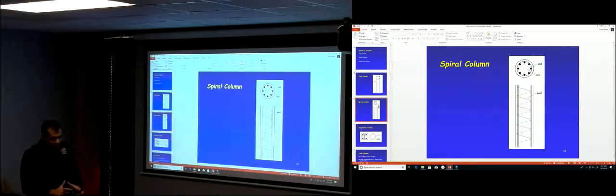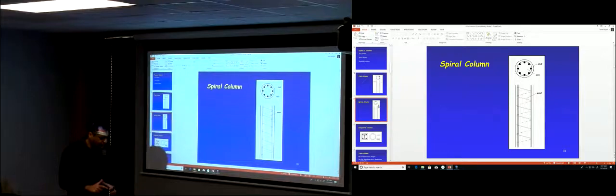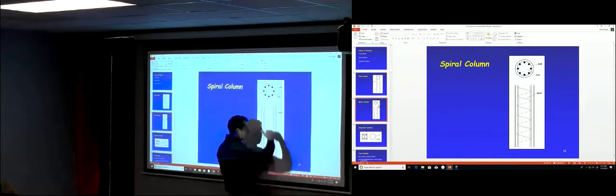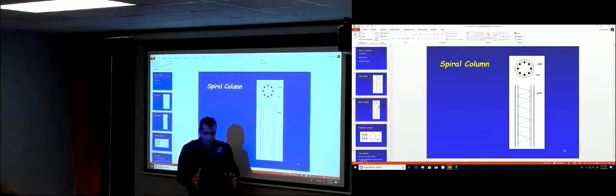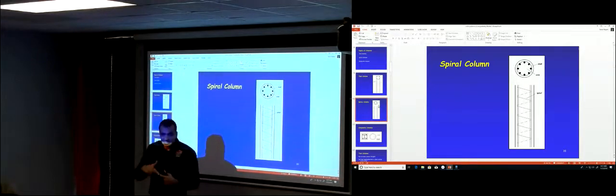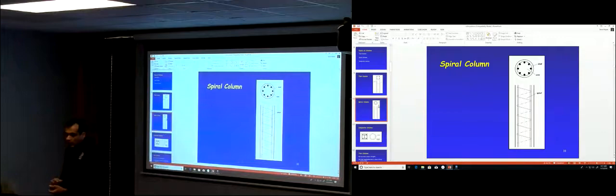The good thing about spiral stirrups is they confine the core of the concrete. You have an axial compression force here. The concrete wants to go in that direction, and the spiral is preventing it. So the spiral will give you a confinement to the core of the concrete, and it actually increases the axial strength of the column.